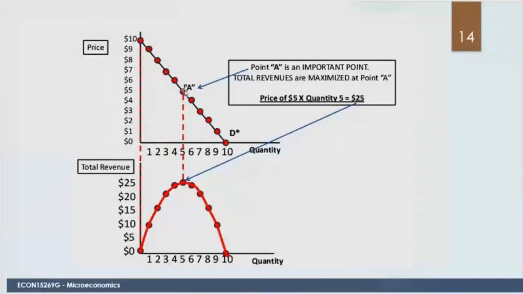You'll see that this portion here is elastic because that ratio will be greater than 1, and here it will be inelastic because that ratio will be less than 1. Those are the main concepts. That's for demand, and then there's also supply, and a couple of others.